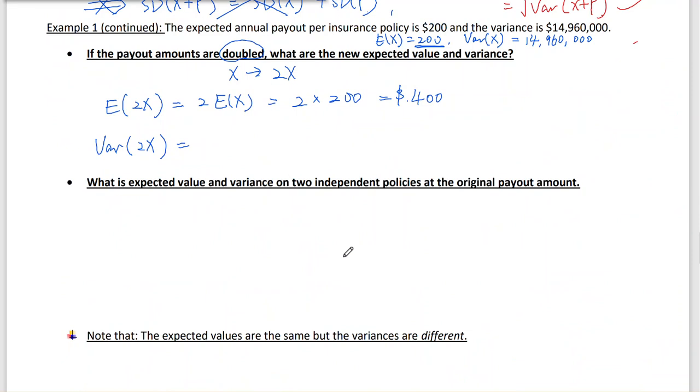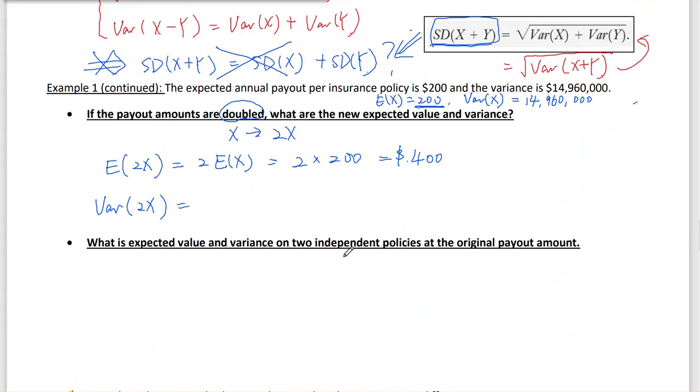So the variance of 2x will be 2 squared times the original variance, which is 4 times the variance here. If you calculate this, you will have 59,840,000. So this is the new variance if the payout amounts are doubled.